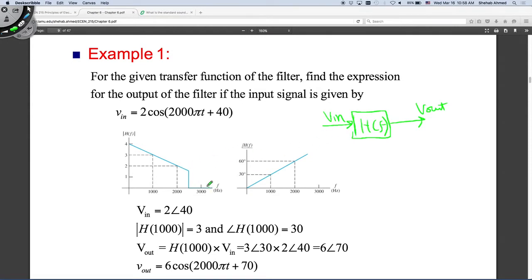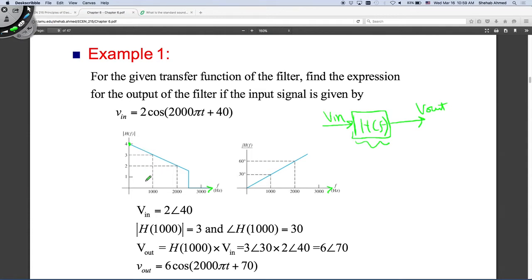This is the frequency axis, this is magnitude, and this is the phase angle of this h of f, right? So what is the magnitude plot doing? At low frequencies, or at DC, whatever is coming in is multiplied by 4.